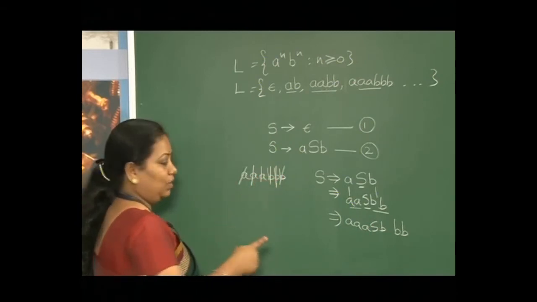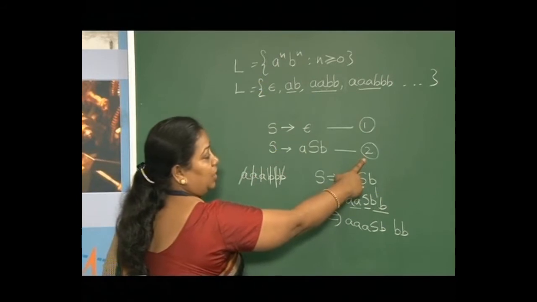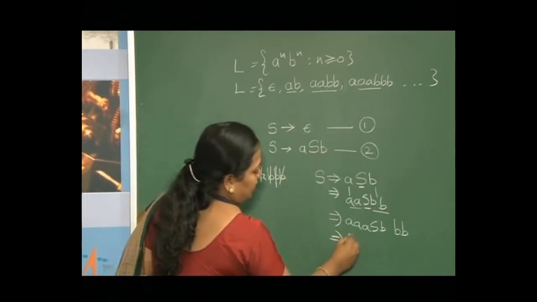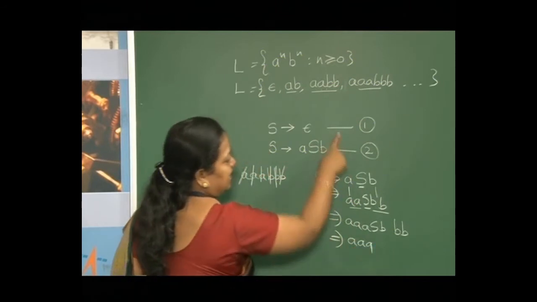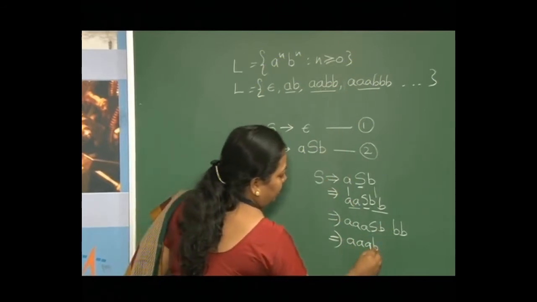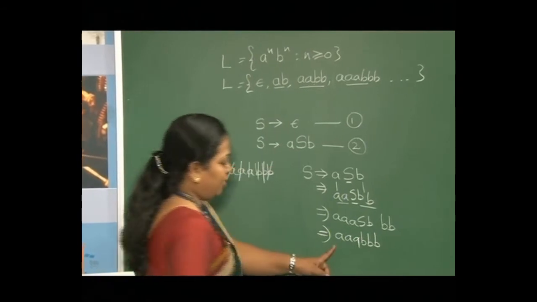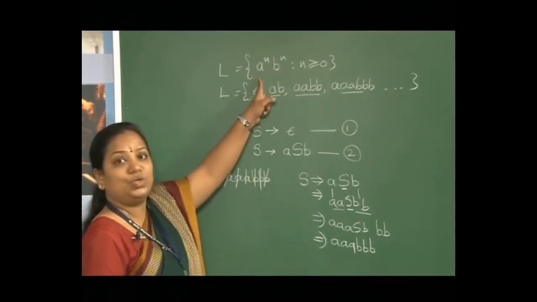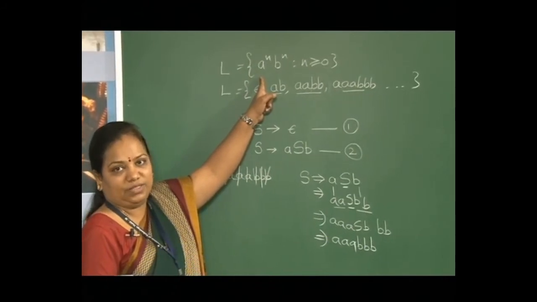So, now it will be appropriate to apply rule 1 for S, that is S as epsilon. Hence, we have derived the string A raised to 3, B raised to 3, which belongs to this particular language.